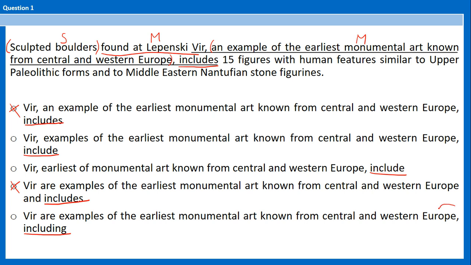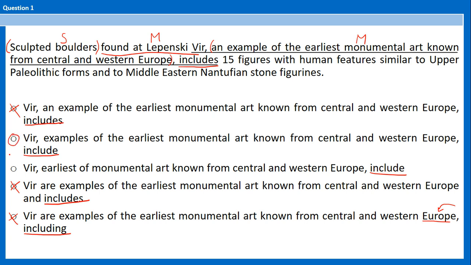In this case it is maybe Central and Western Europe. So if you say Central and Western Europe including 15 figures, it means that Europe includes 15 figures, and that doesn't make any sense. So remember, including is used to give examples of the noun before the comma.